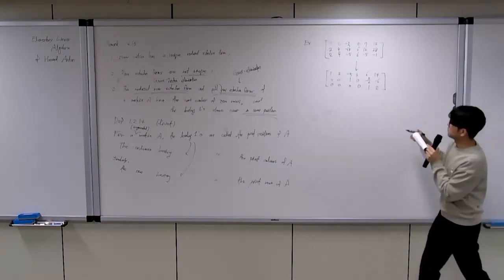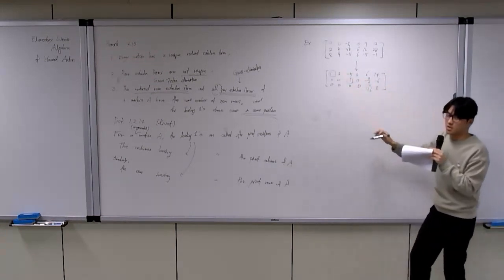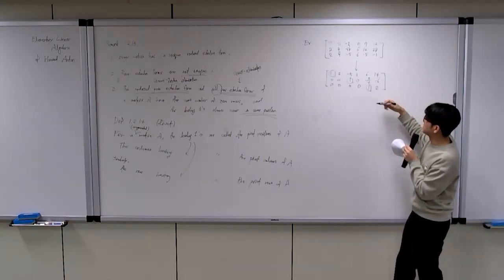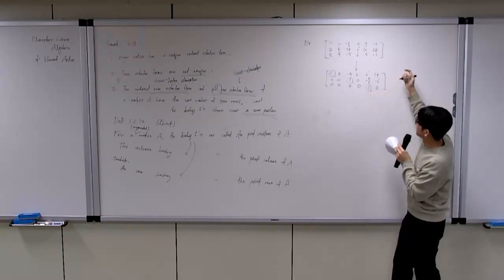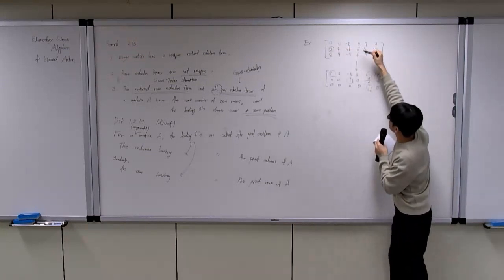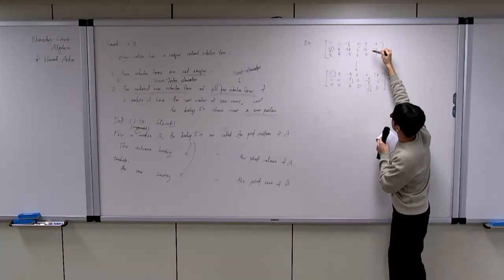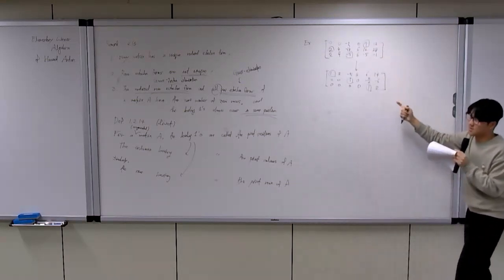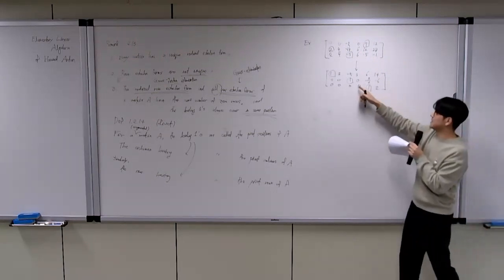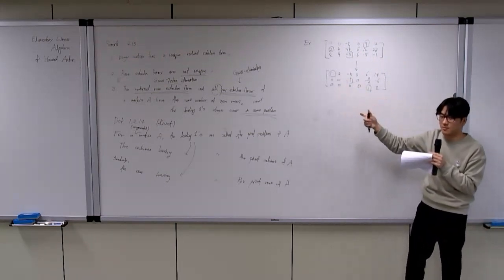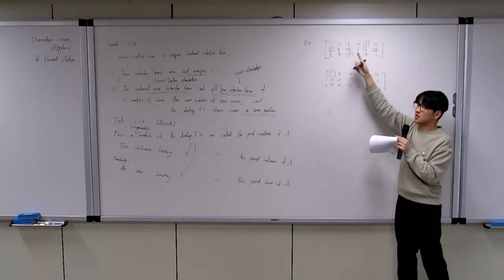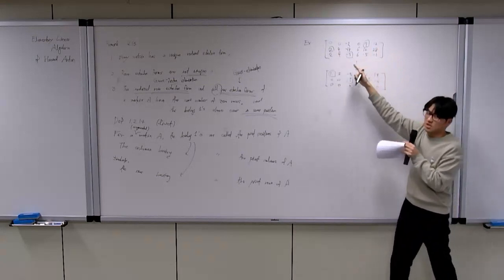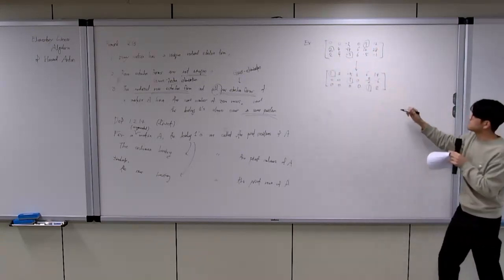In this form, this position is a pivot position, and it was from the original matrix, these positions, and so these values are pivots.